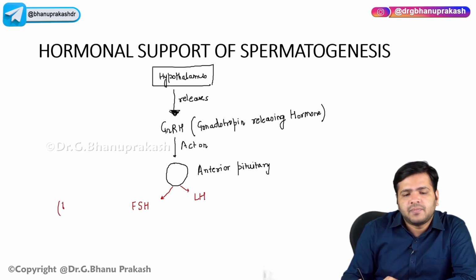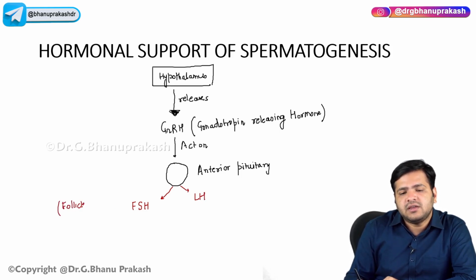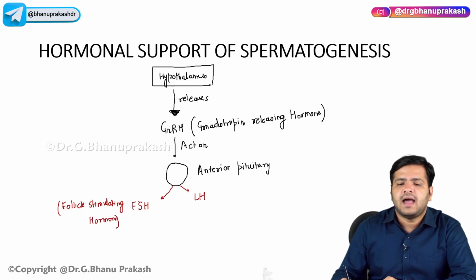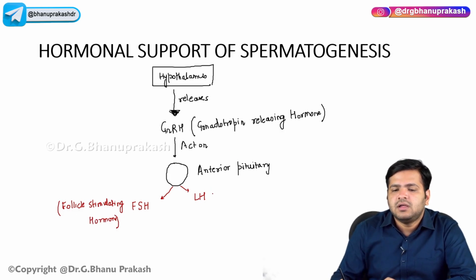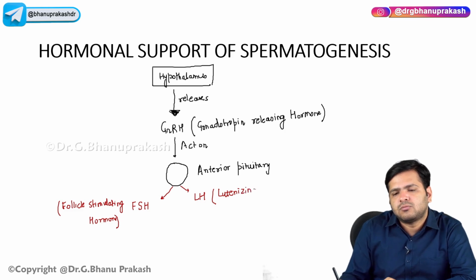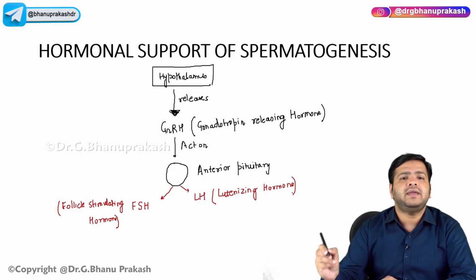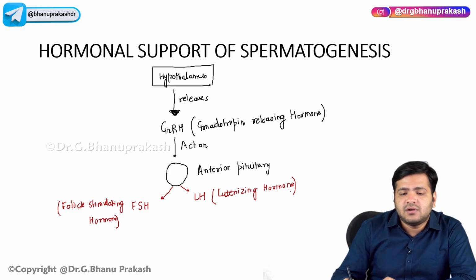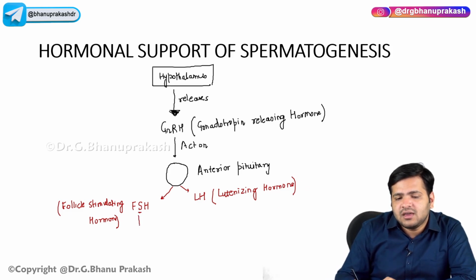FSH stands for follicle stimulating hormone, and LH stands for luteinizing hormone. Right? The follicle stimulating hormone will act on the Sertoli cells. Look, FSH has an H in it. It will act on Sertoli cells.